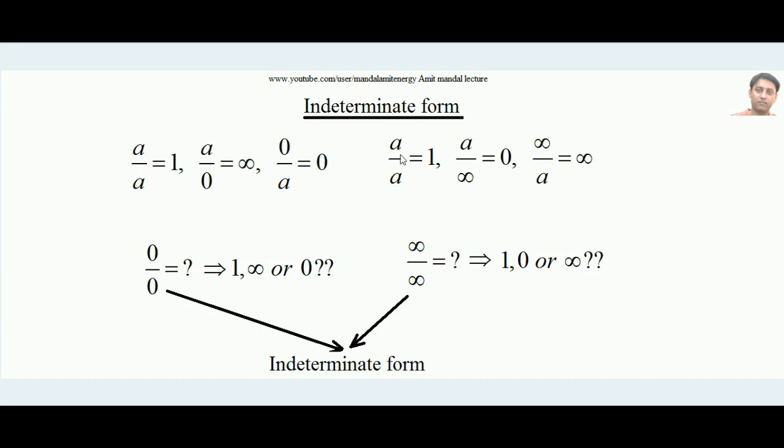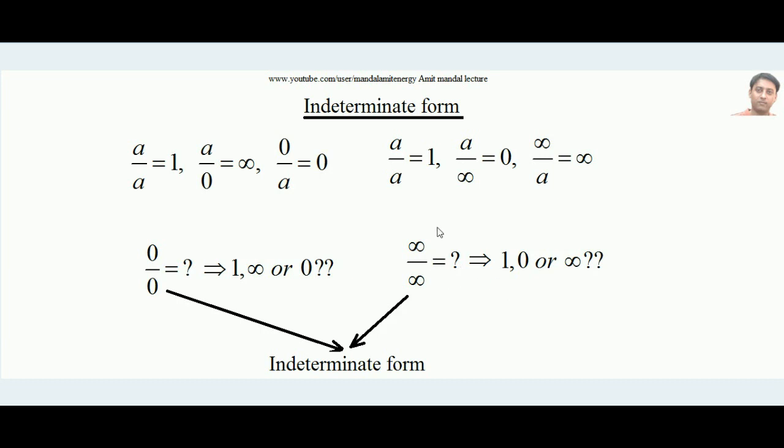Now in place of a, in case I keep infinity, then infinity by infinity must be 1 according to this concept. Here again it is infinity by infinity, so according to this concept it must be 0. And here again it is infinity by infinity, so according to this concept it is infinity. So the question is, what is infinity by infinity? It is 1 or 0 or infinity.